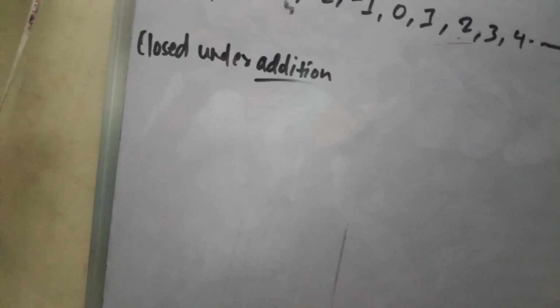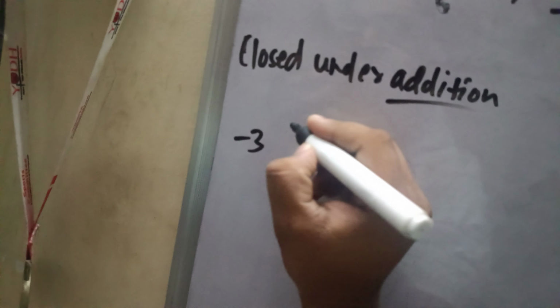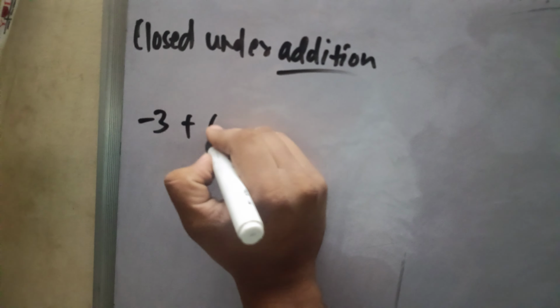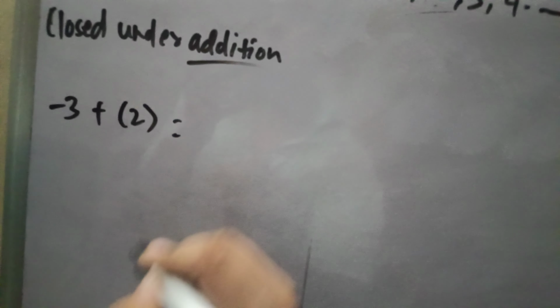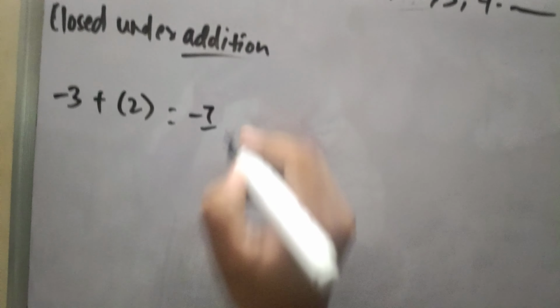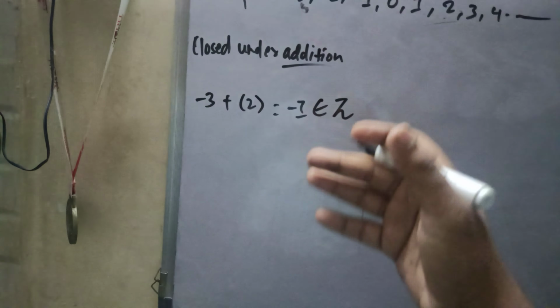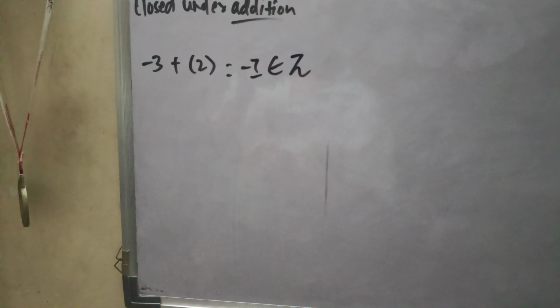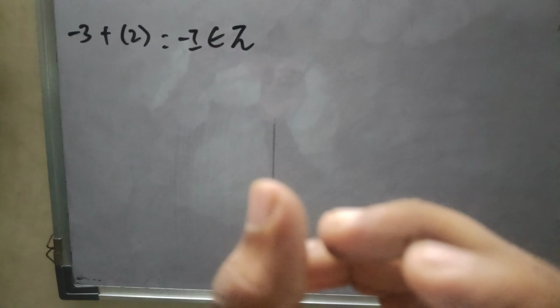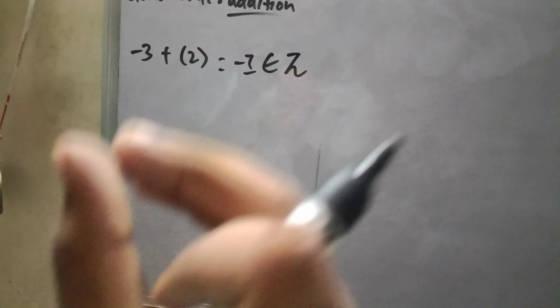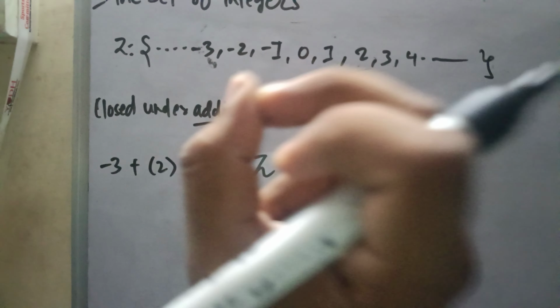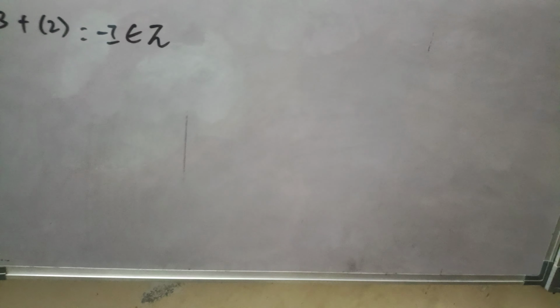Take any integers, for example -3 plus 2, it will give you -1, which belongs to the integers. And likewise, for any integers you take, when you add them, it will give you an integer indeed. So is it satisfying closed under addition? Yes, absolutely.